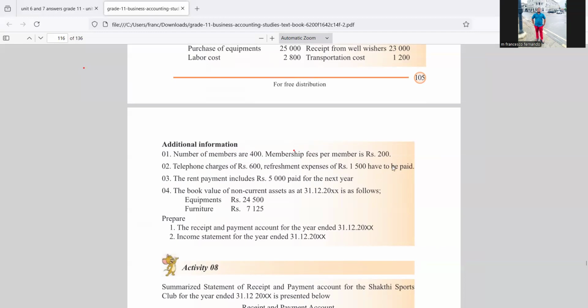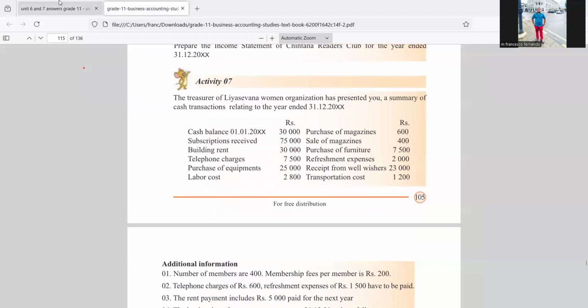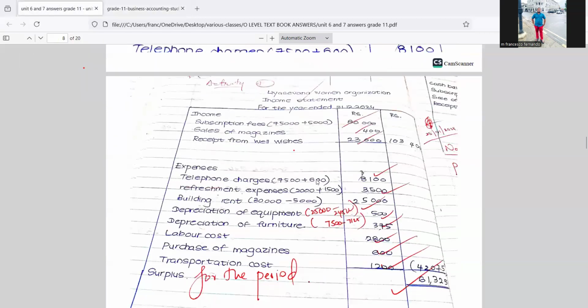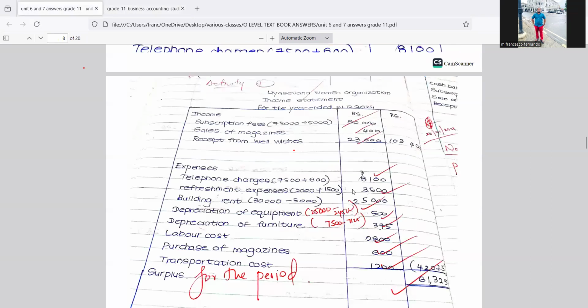Telephone charges 600 and refreshment expense 1,500 have to be paid. What is meant by have to be paid? Accrued. It means you have to add. So telephone charges here is 7,500. So 7,500 plus 600, it will be 8,100. And refreshment expenses is 1,100. Here in the details given, it is 2,000. So 2,000 plus 1,500, it will be 3,500.